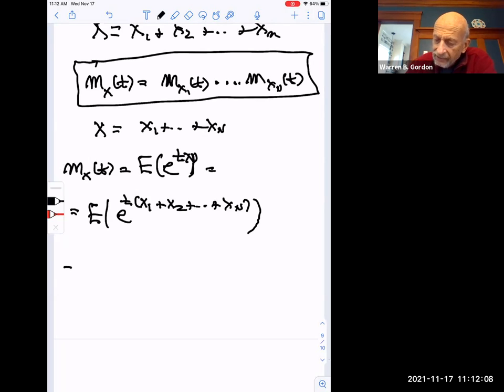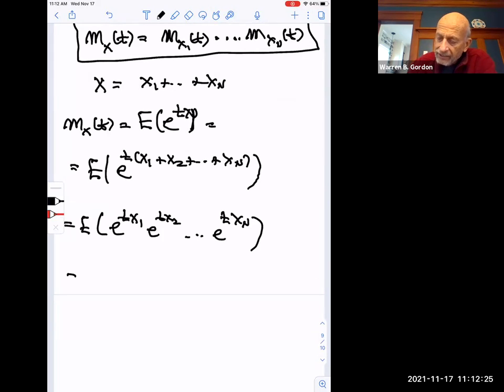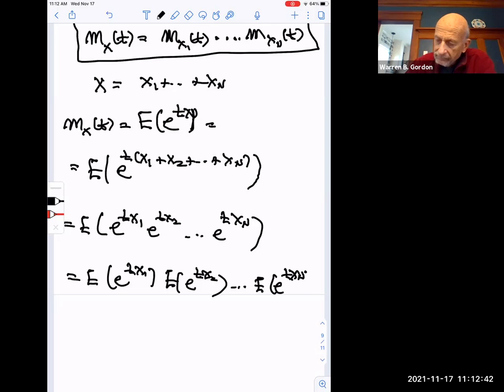If I use the property of the exponential now, e to the t x1 up through e to the t x sub n, I distribute it. And now since they're independent, this is the product of the individual exponentials. And that's equal to M x1 times up through M x n, the product of the moment generating functions.